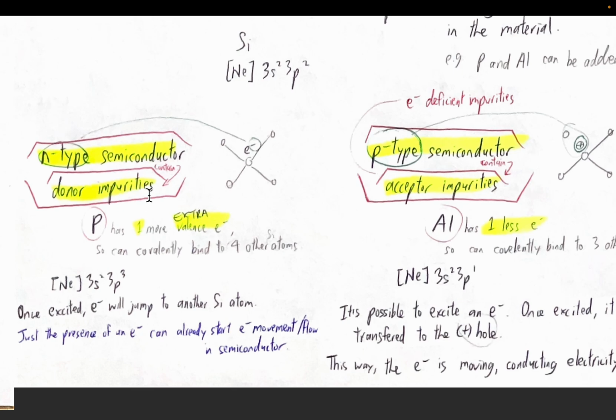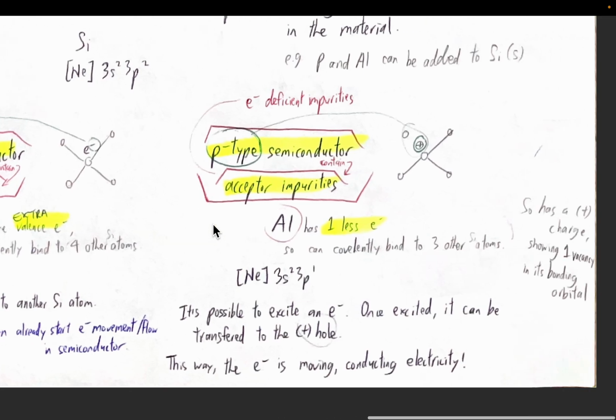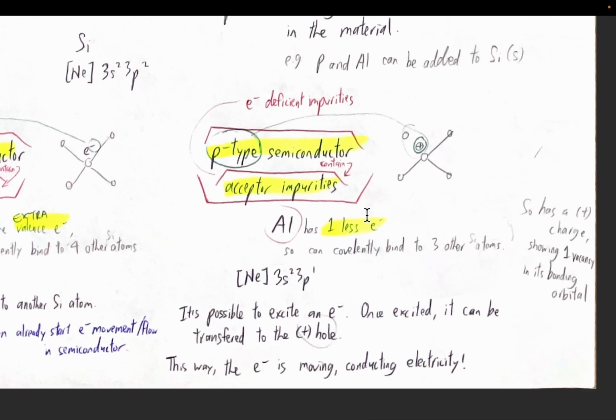Here, in an N-type, phosphorus has 1 extra. Here, in P-type, aluminum has 1 less electron. So it is possible to excite an electron. Once excited, it can be transferred to the positive hole. In this way, the electron is moving and conducting electricity.